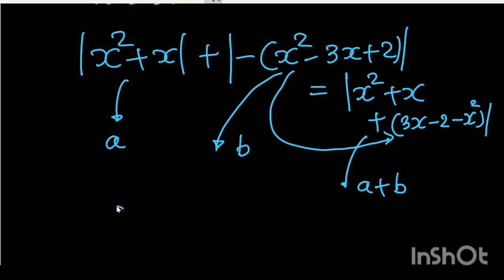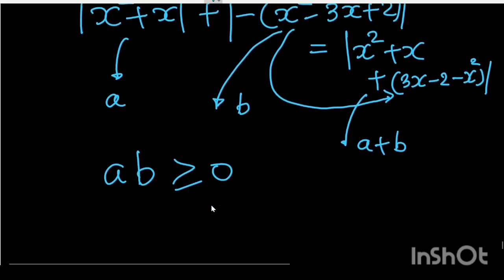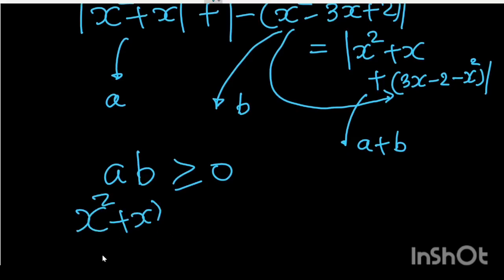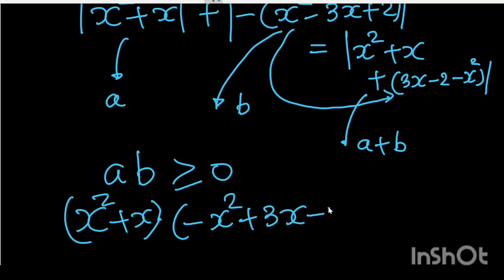So now we can write a times b greater than or equal to 0, where a is x square plus x, and b is minus x square plus 3x minus 2, greater than or equal to 0.